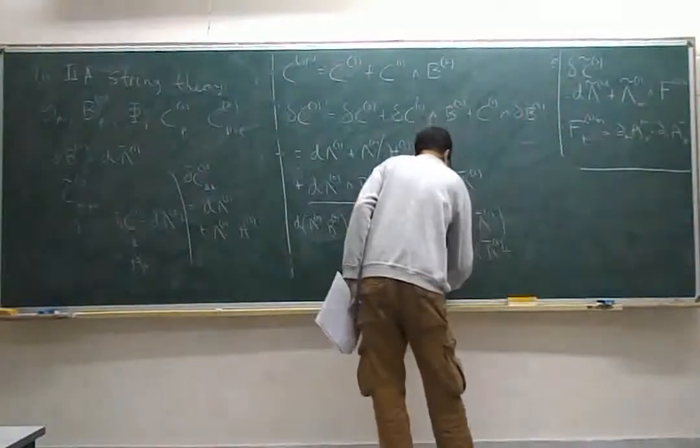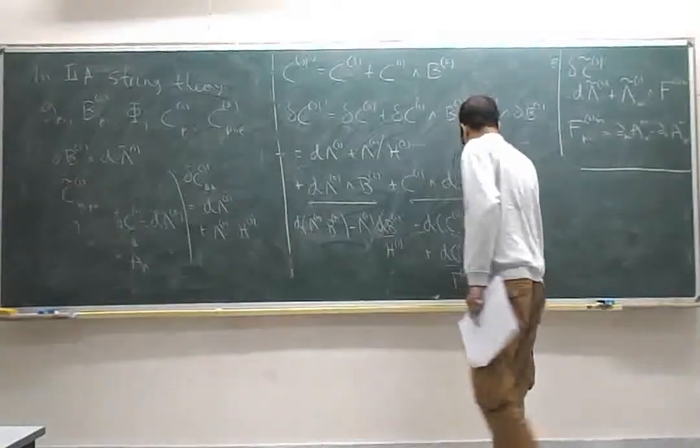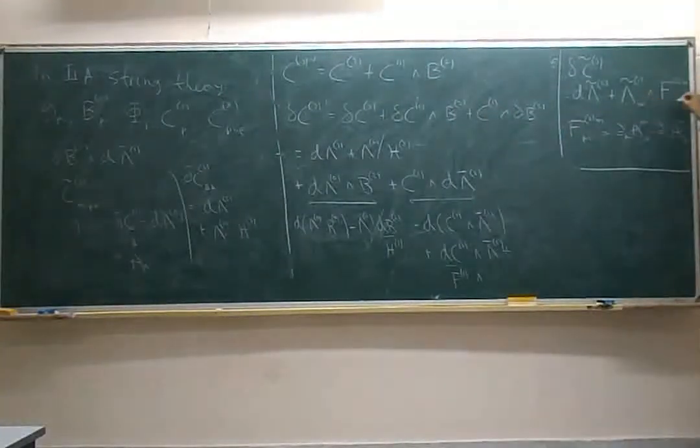This is precisely f2. Right? And because f2 is a 2 form, I can also write this lambda bar 1 by f2. Which is exactly what we have here.